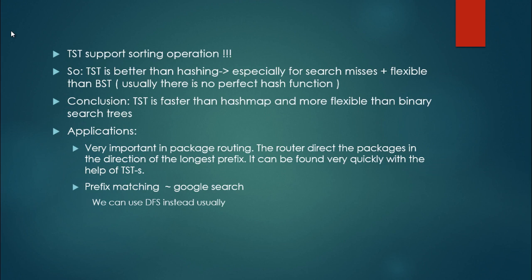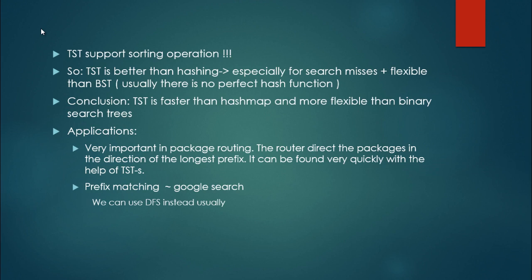And it's more flexible than binary search tree. Usually there is no perfect hash function, and collisions may occur, and that's why the constant time complexity of hash maps is usually not true. So the conclusion is that the ternary search tree is faster than hash map and more flexible than binary search tree.